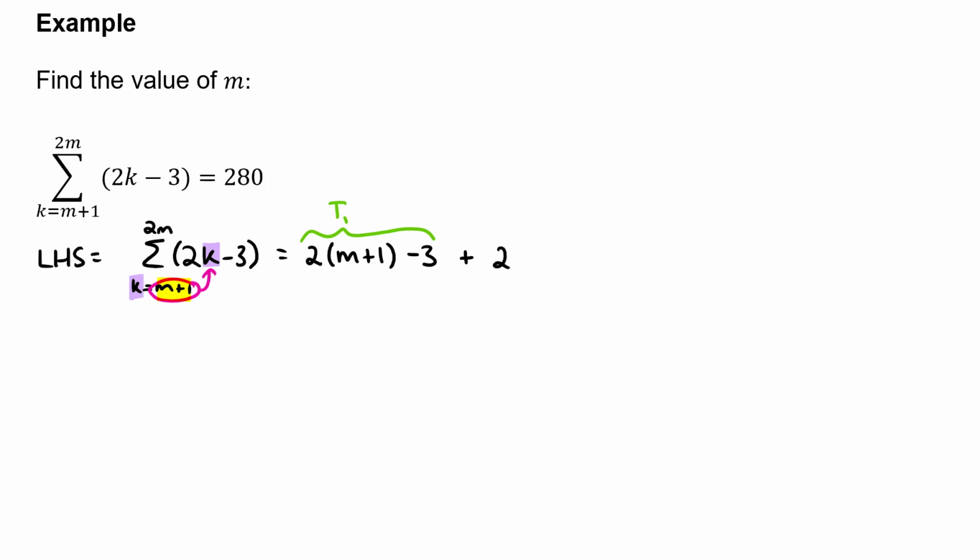So in the next term, it's going to be 2m plus 2 minus 3. And that there is T2. And then for your third term, it'll be 2m plus 3 minus 3. And that, of course, is T3.